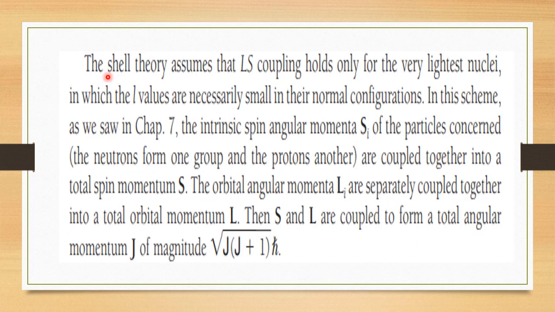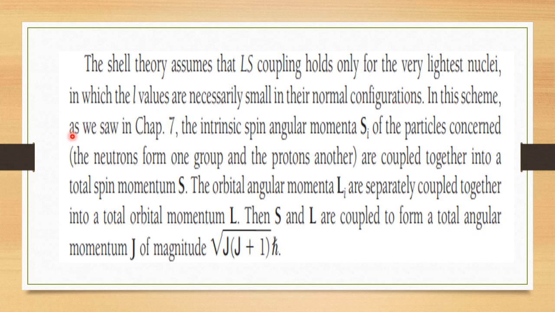Now we know that the shell theory incorporated the spin-orbit interaction. It assumes LS coupling, where L is the orbital angular momentum and S is the spin angular momentum. LS coupling holds only for the very lightest nuclei, in which L values are necessarily small in their normal configuration.